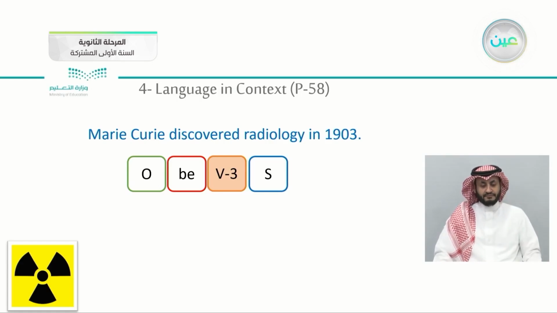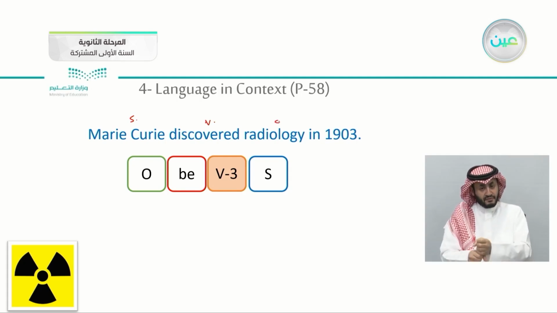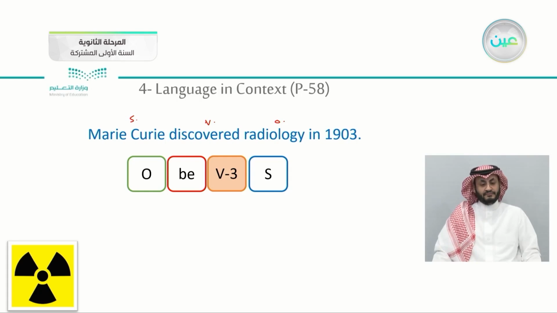Let's go back to this idea, which is the active and the passive. We said that Marie Curie discovered radiology in 1903. We've got all the information that we need. She is the subject. Discovered is the verb in the past, and radiology is the object. Here, I want to focus much more.